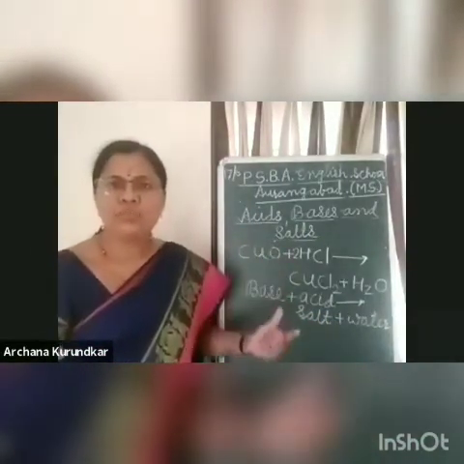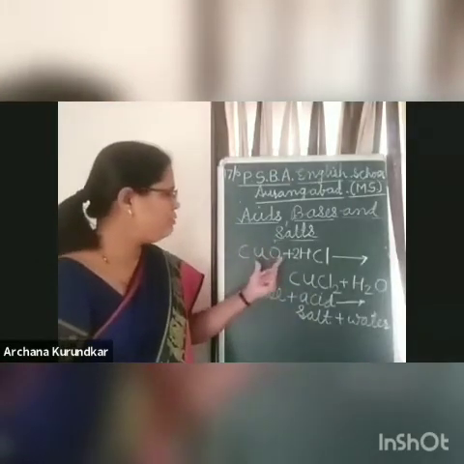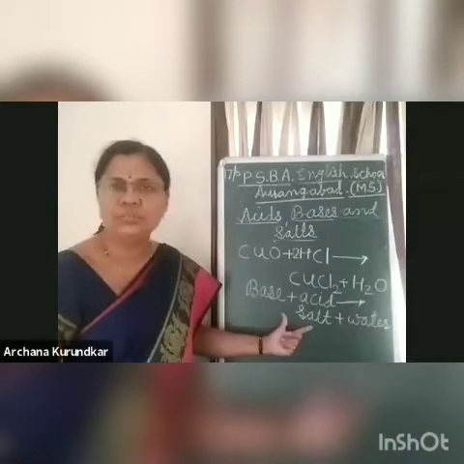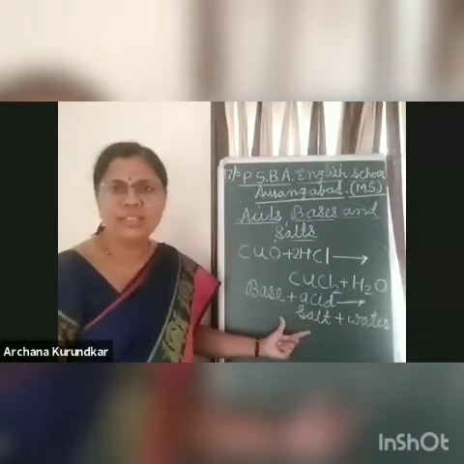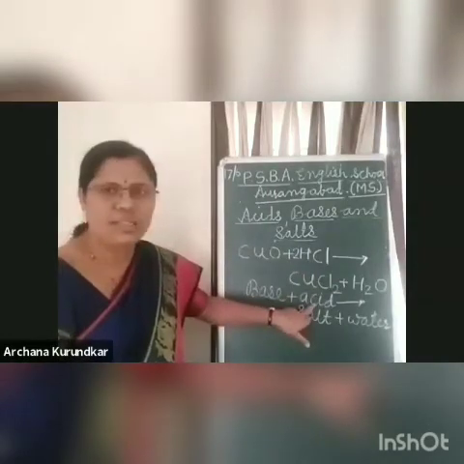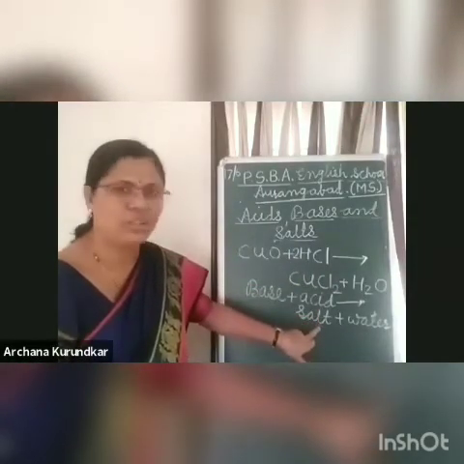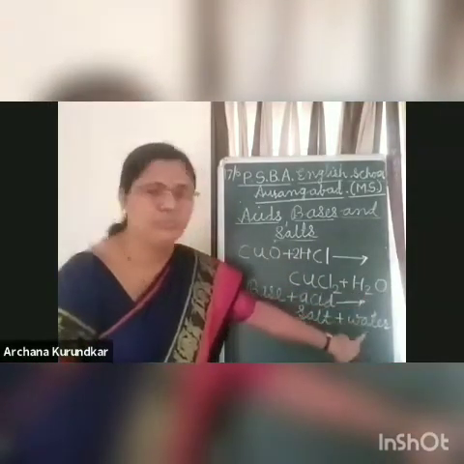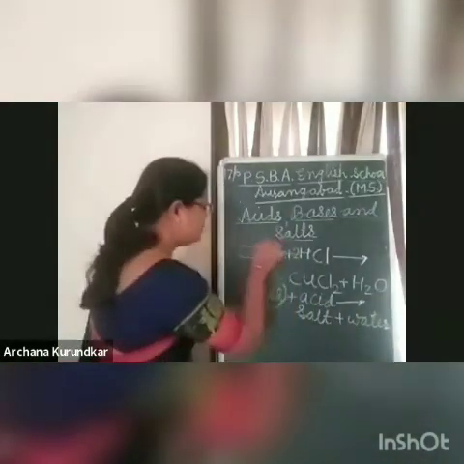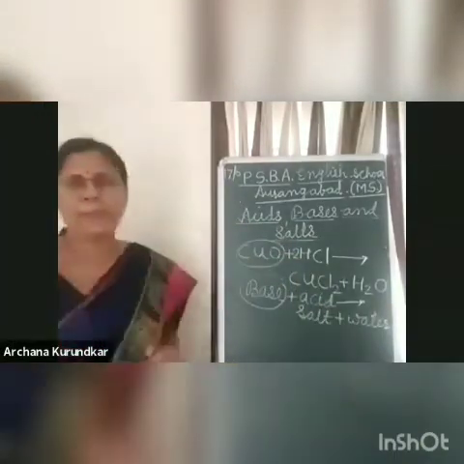Now, we have to compare the reaction of metallic oxides and acid with this neutralization reaction. Please understand this point, children. Hydrochloric acid is the acid, the products are salt and water. Now, this is the base and this is the metallic oxide.